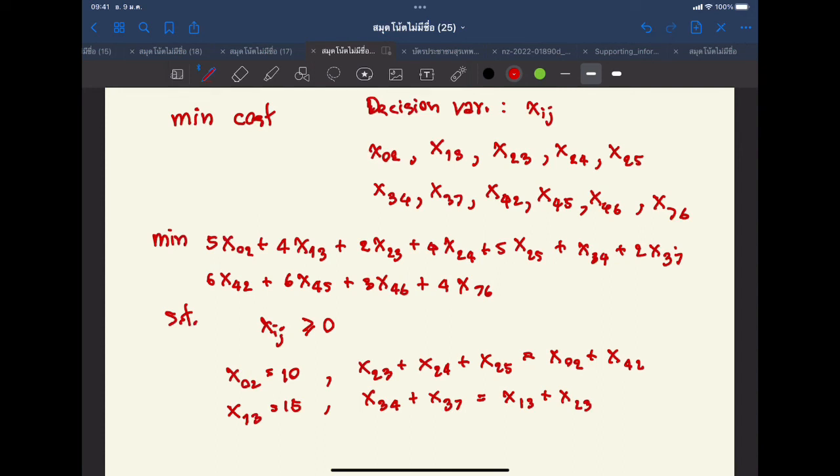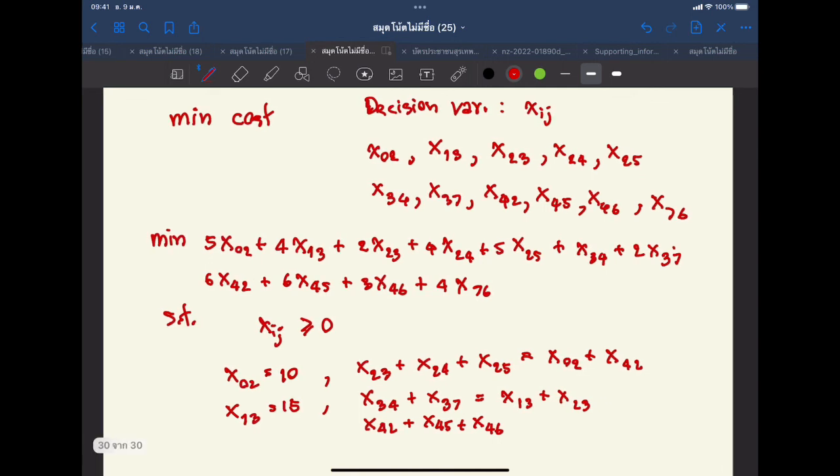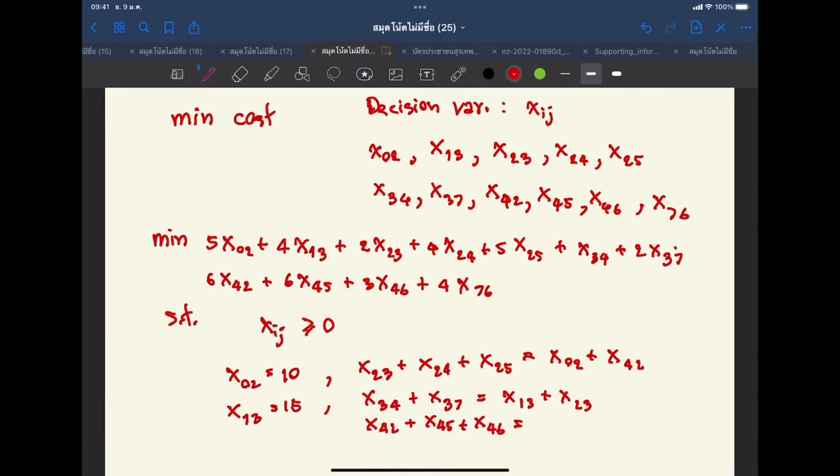Okay, well, what about node 4? Node 4 we have x42 leaving the system plus x45 plus x46, and it is x24 plus x34.